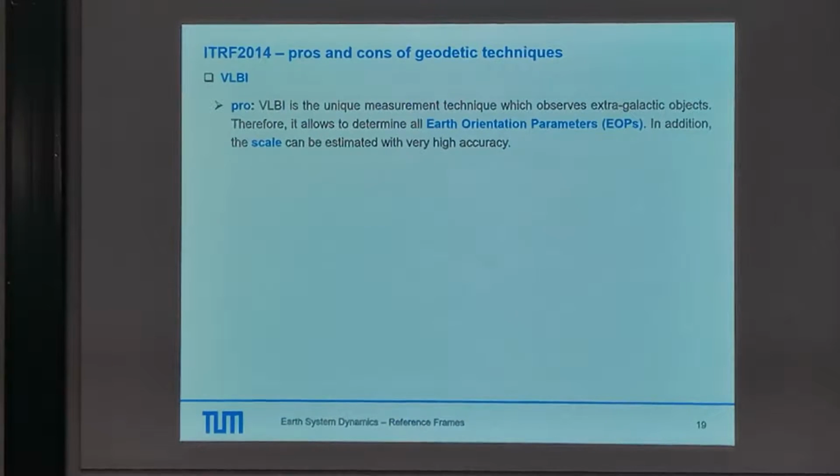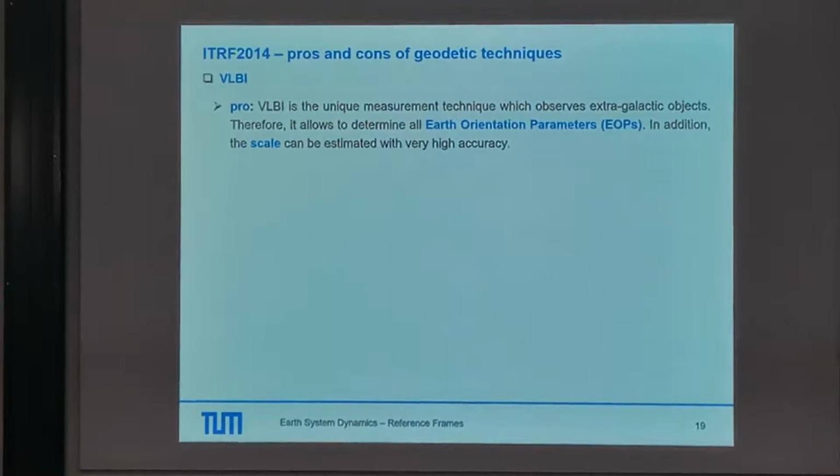We can use VLBI in order to perfectly determine this transformation, which means we can perfectly determine all the Earth orientation parameters. In addition to this, VLBI can be used to estimate the scale with very high accuracy.